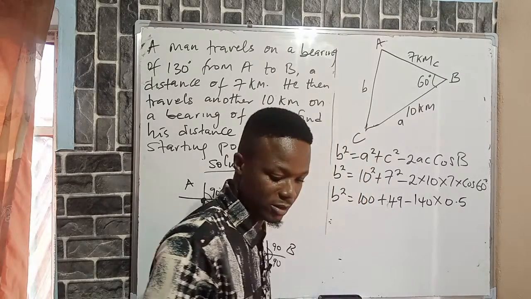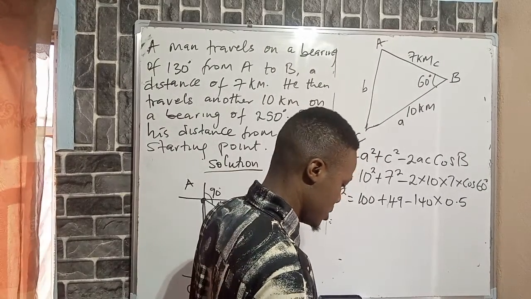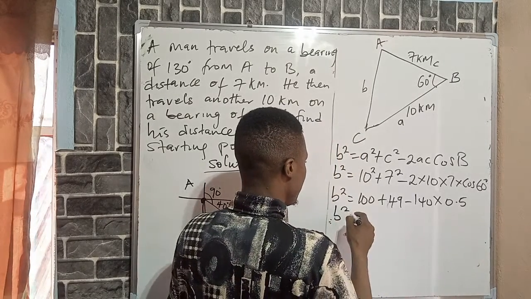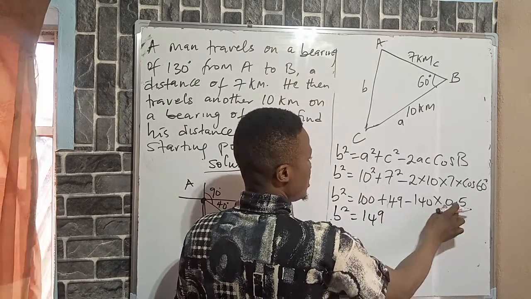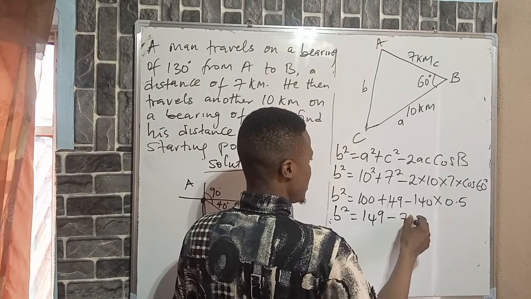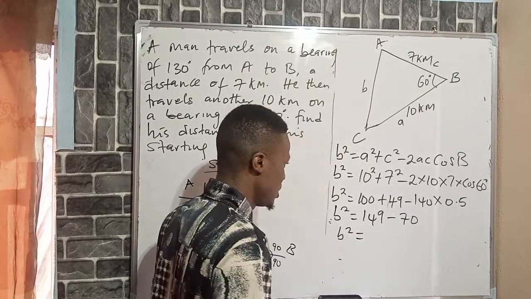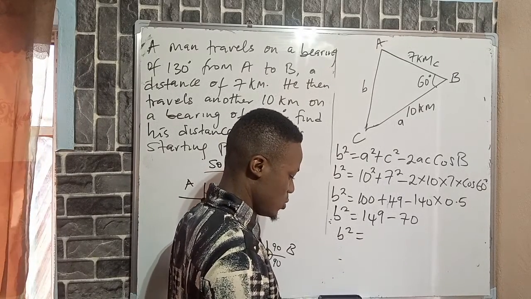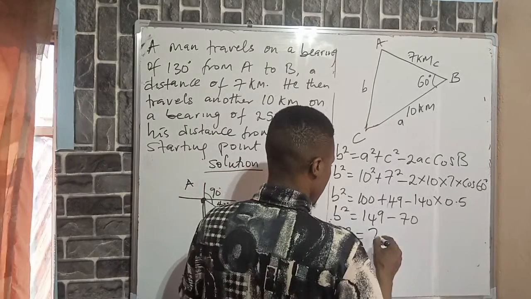You can verify cos 60 is 0.5. So b squared, remember 100 plus 49 is 149. 140 times 0.5 is 70. And when you subtract, 149 minus 70 is 79.